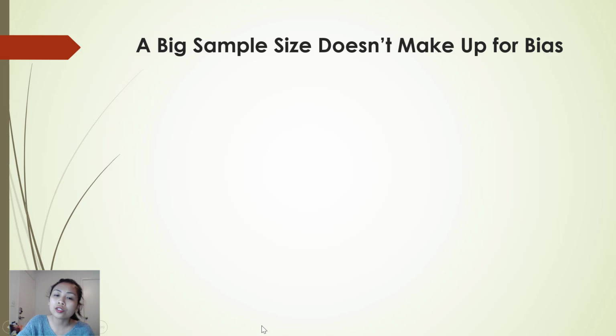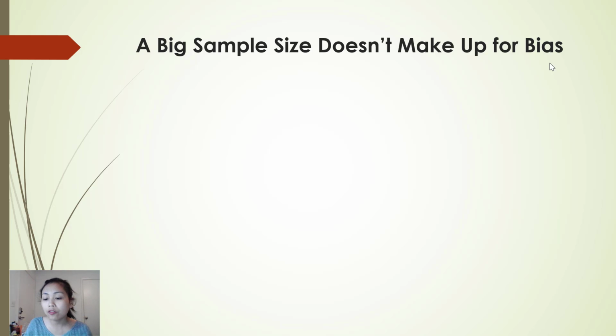Now we are going to discuss one small point. A big sample size doesn't make up for bias. Usually we tend to misunderstand that if we make the sample large, then the estimator will become unbiased.